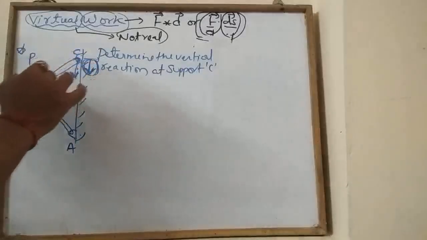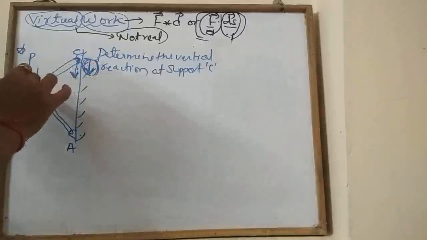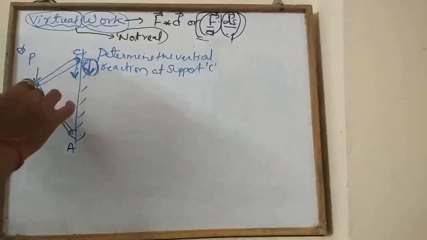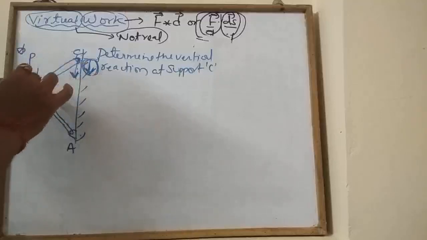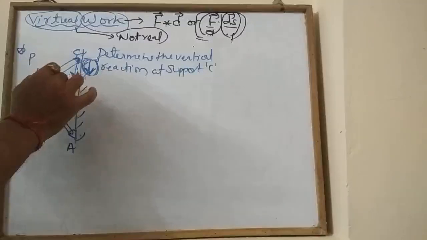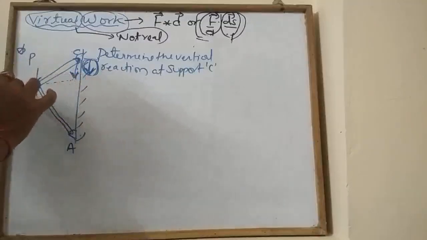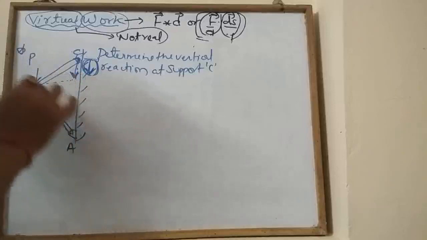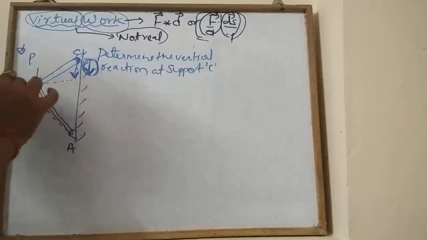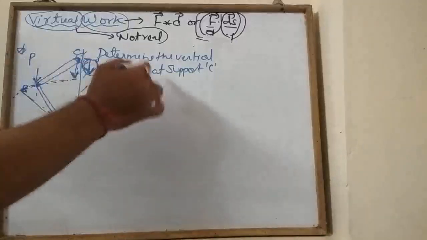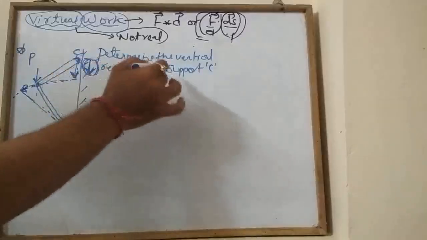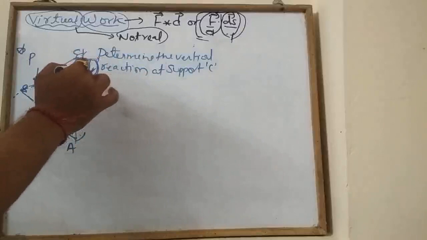If point C moves downward, then P will move downward, and it has a tendency to deform like this. But it is not moving because of the reaction force at support C. That reaction force is to be calculated by you.